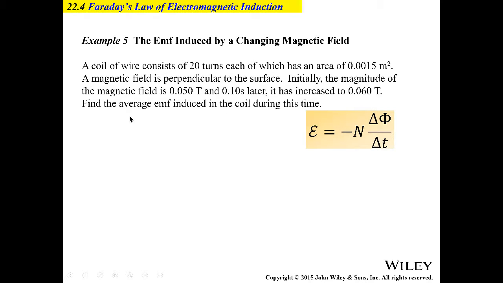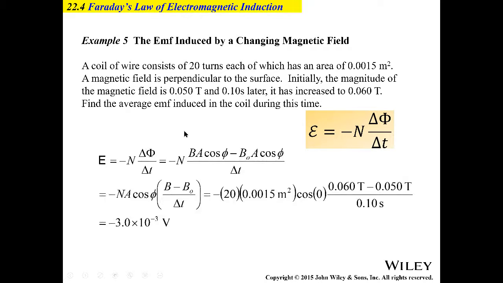So this is a very simple, direct application of Faraday's law, right? From now on, we'll call this Faraday's law. The sophisticated version, we'll leave to Maxwell. The book writes this as E, but I quickly have to change that to curly E. EMF is negative N delta phi over delta t.